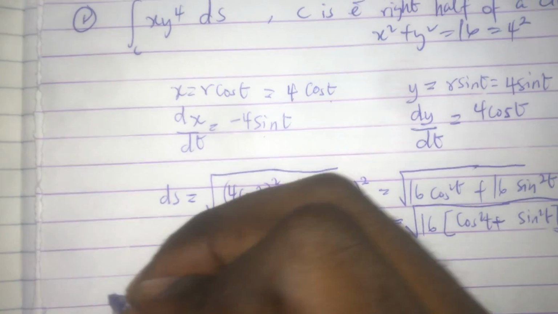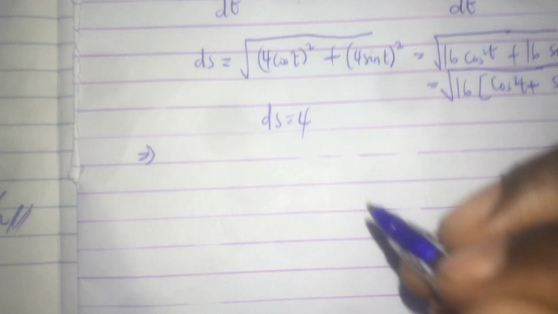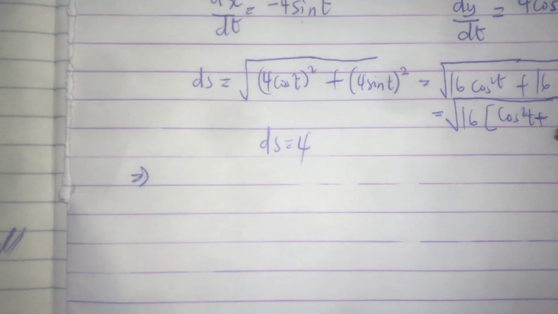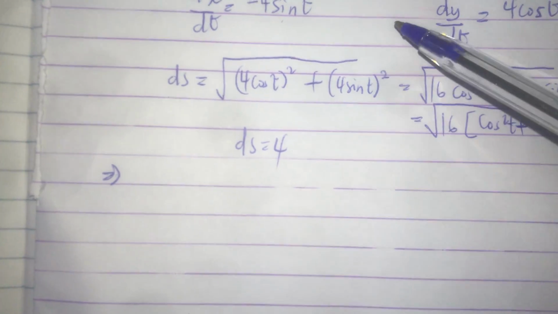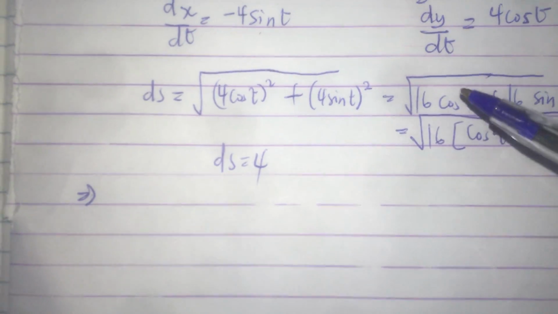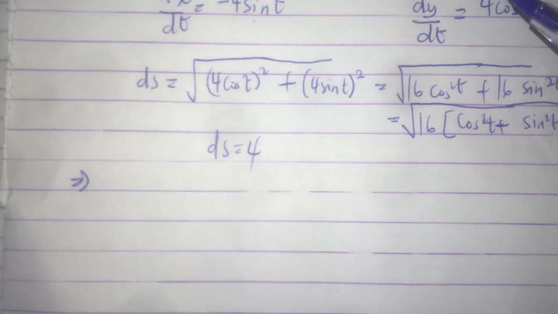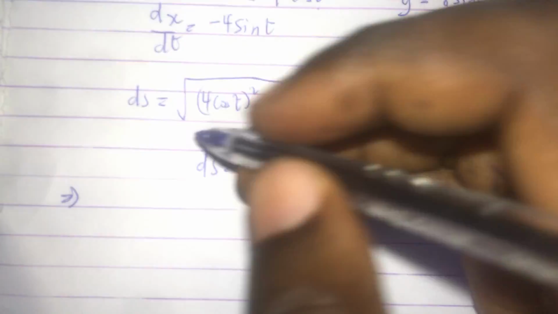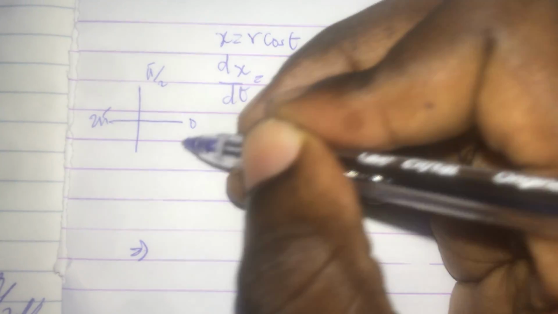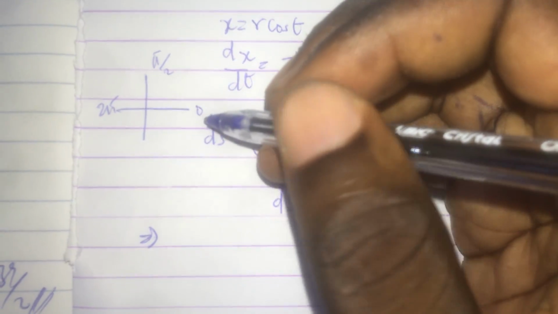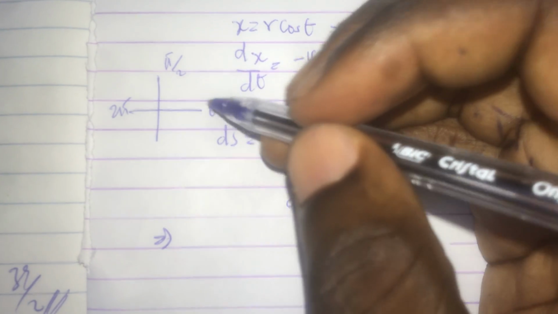Now to find our line integral, we must know the limit of the integral. From the question, it says that it's the right half of a circle. So if we have something like this, 0 to 2 pi, that's the right side, that's the counterclockwise direction.